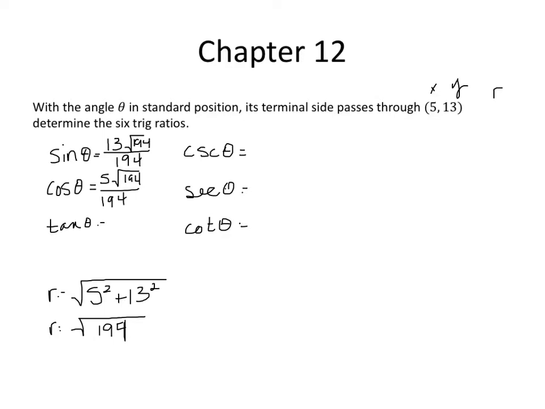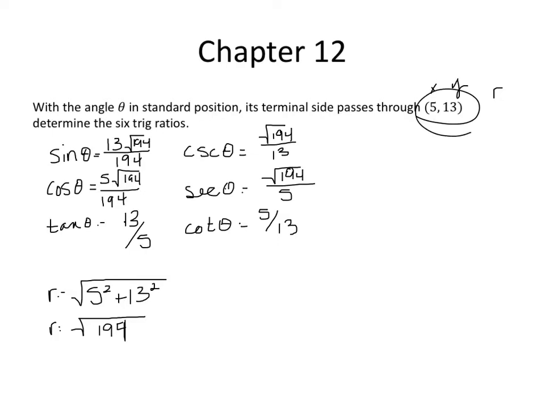Tangent is easy, y over x. Cosecant is r over y. Secant is r over x. That's a 9, sorry. And then cotangent is x over y. These are all positive because this point is in quadrant 1.